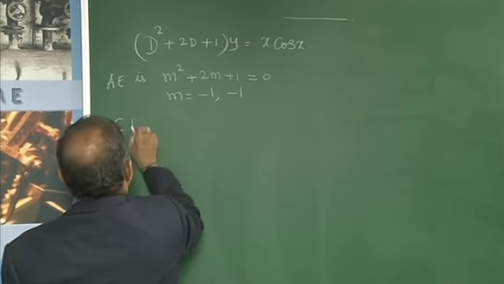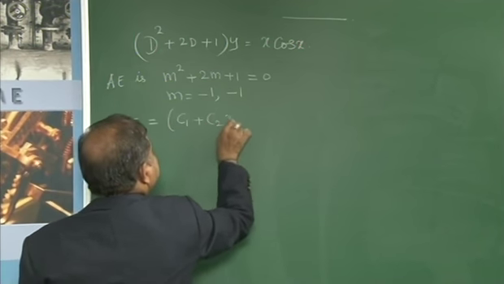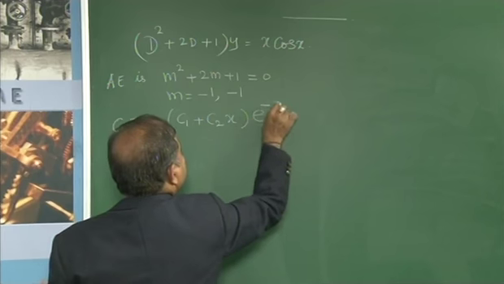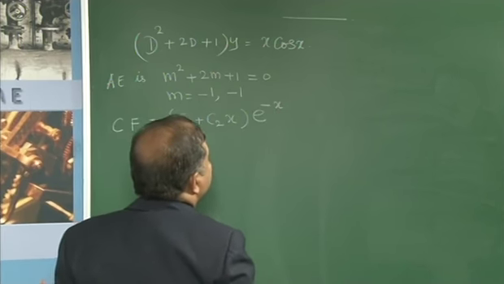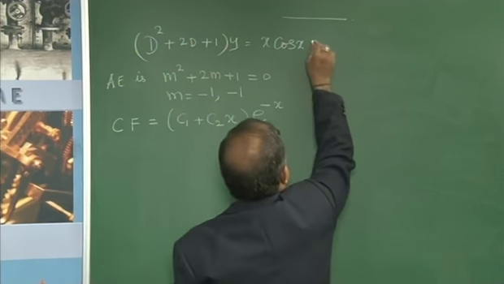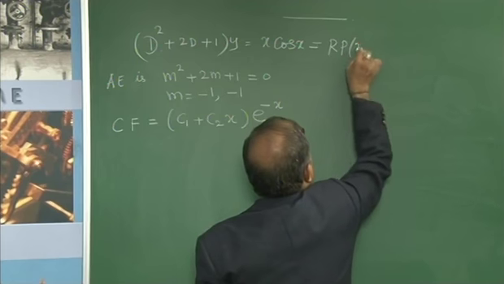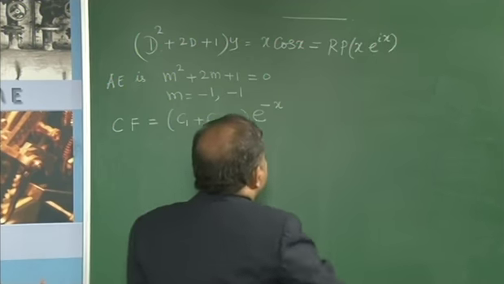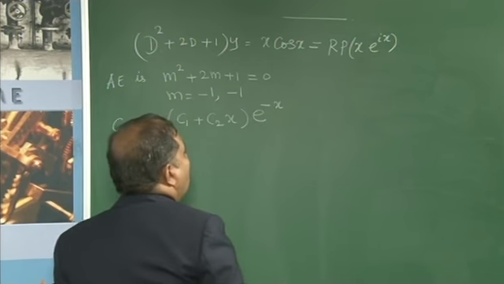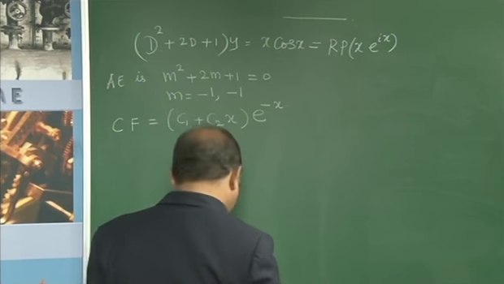So, CF is equal to (C1 plus C2 x) into e power minus x. Now, that x cos x, here itself we can simplify. x cos x is the real part of x e power ix. The b value is 1, so cos x is the real part of e power ix.